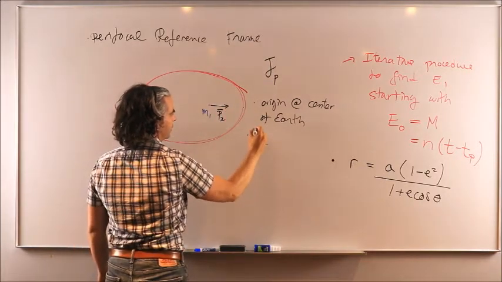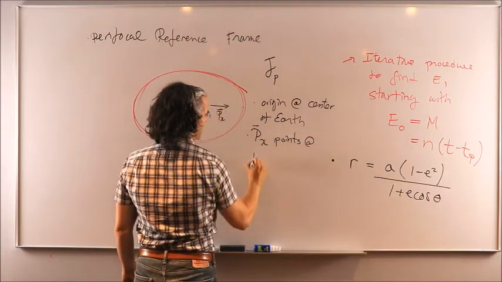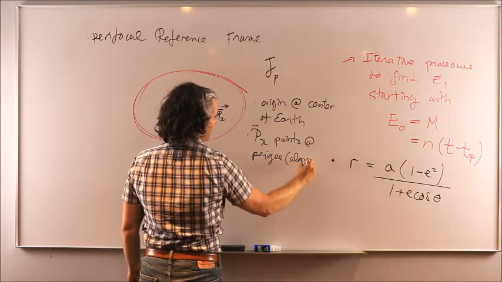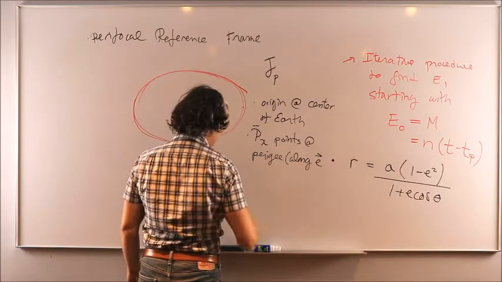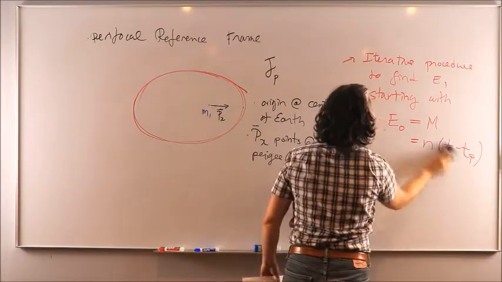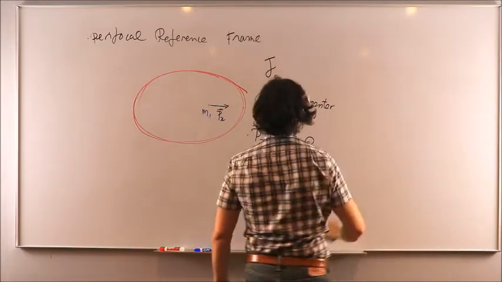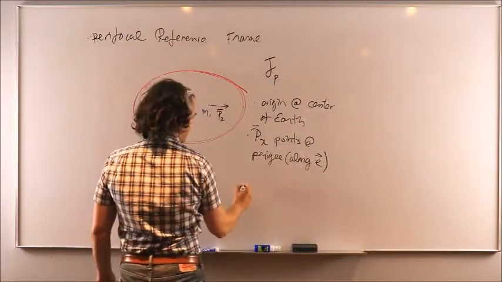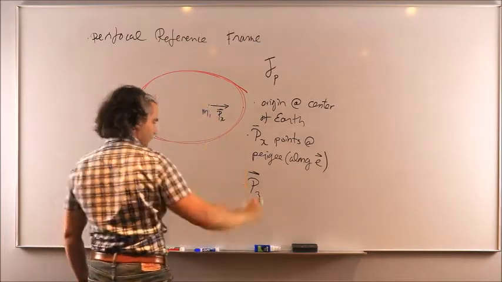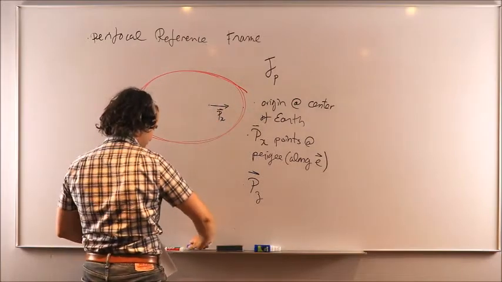So Px unit vector points at the perigee, which is the same thing as saying along the eccentricity vector E. Has its z unit vector out of the orbital plane and normal to the orbital plane, essentially.